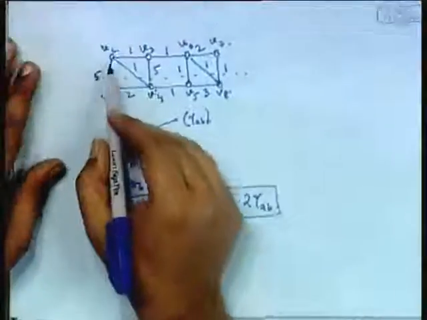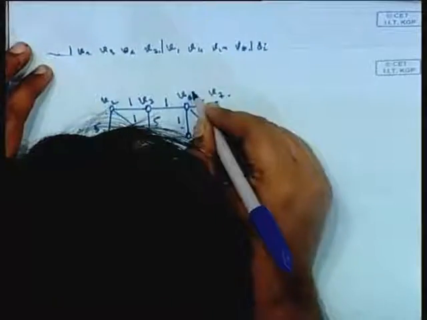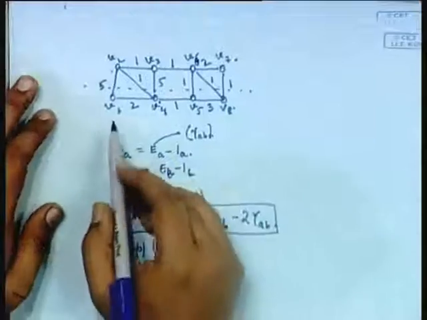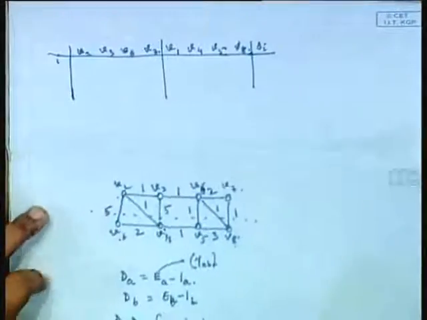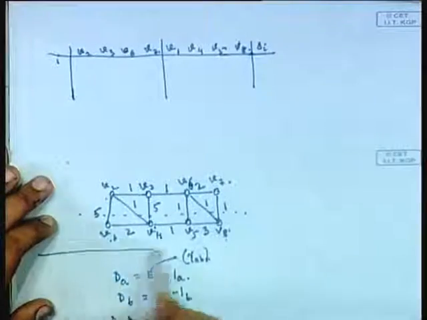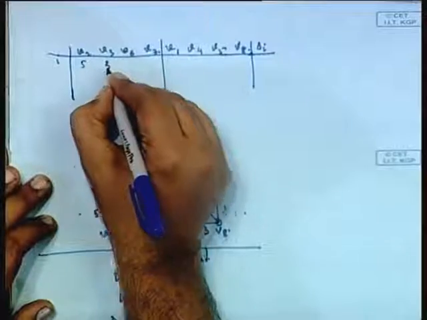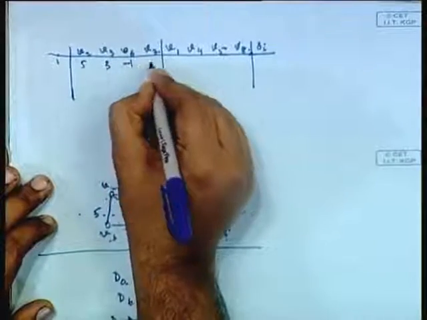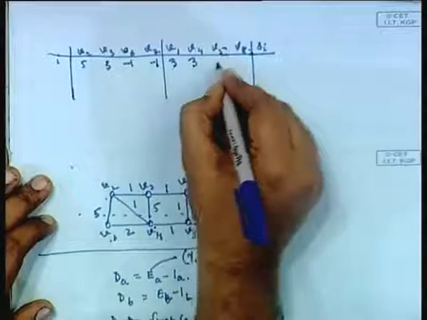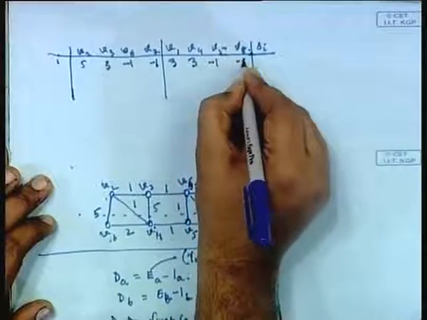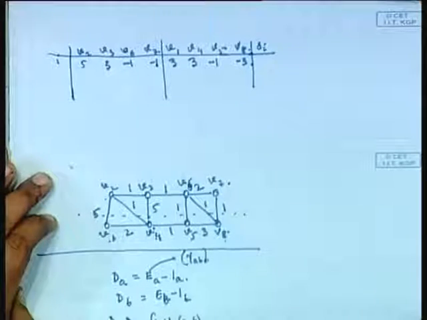So, the above is V2, V3, V6 and V7 and the lower one is V1, V4, V5, V8, no problem. So, see this and now I calculate dA: 5, 3, minus 1, minus 1, 3, 3, minus 1, minus 3. I am just not doing it, believe me.